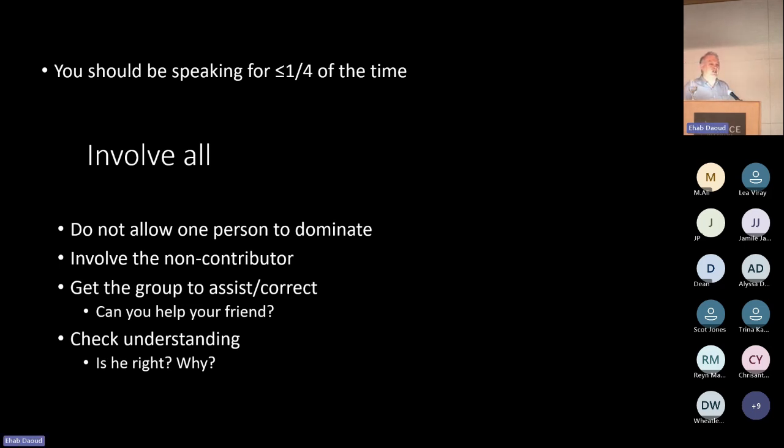You need to check understanding. There was a great classic when we were doing one of the LR courses where a patient came in with burns. The scenario was a pediatric patient with 25% burns, and we asked them what they would do. They said they'd put oxygen on. We thought, that's great. The question was, why do you put oxygen on? We wanted to challenge whether they knew what they were doing.